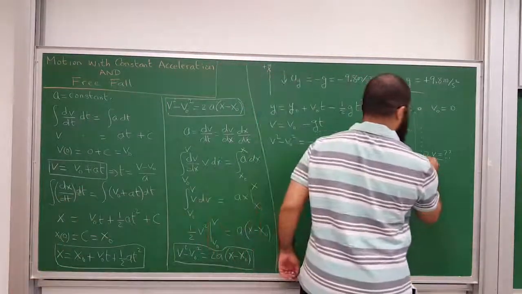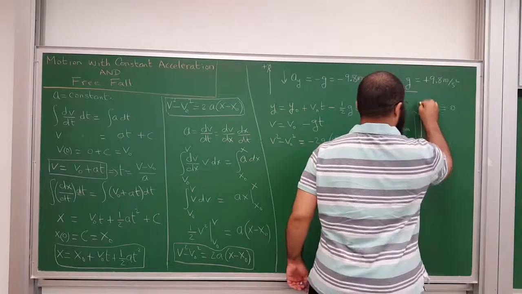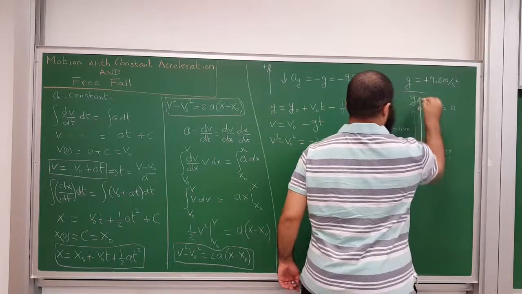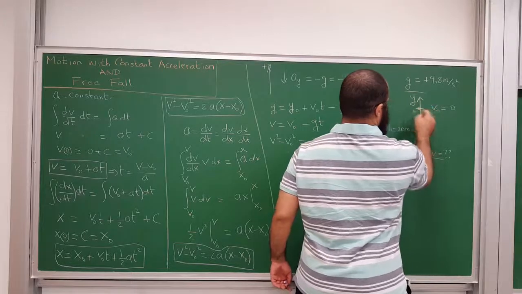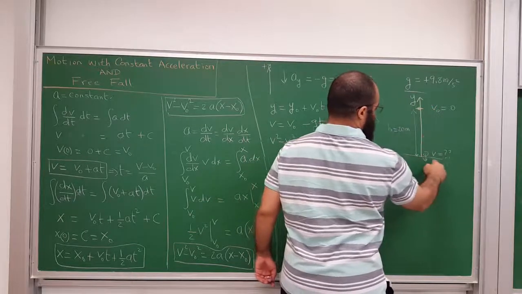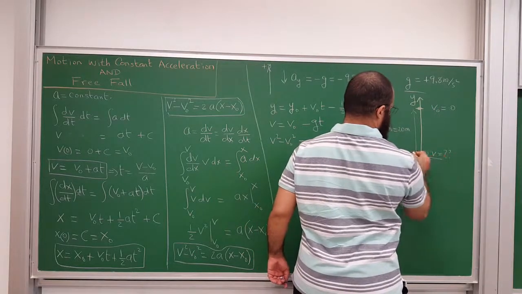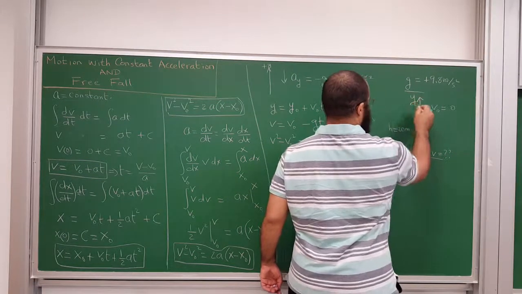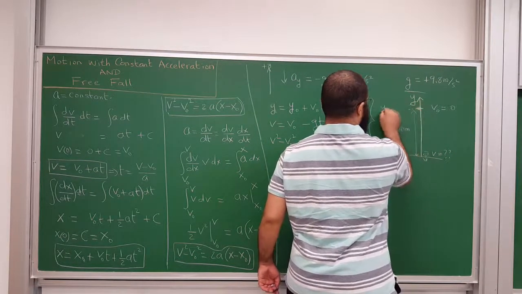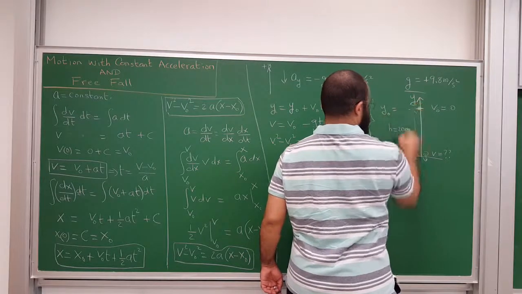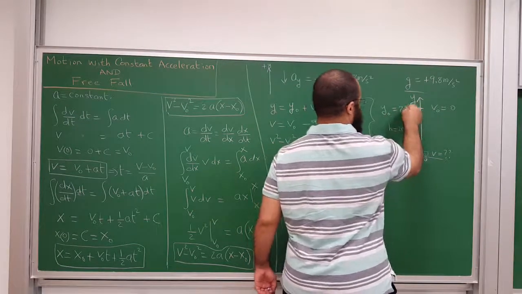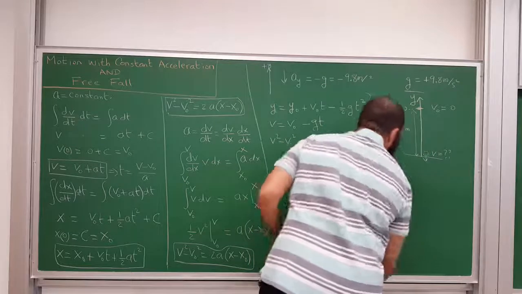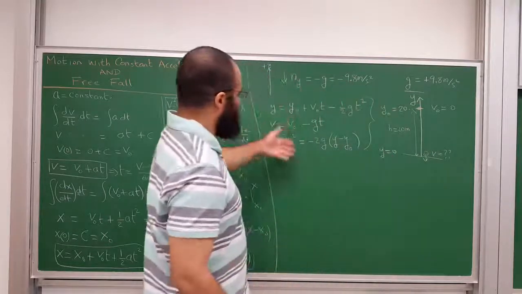So here's my y-axis. I have y initial, and this is y final, which is equal to 0, and y initial is 20 meters.